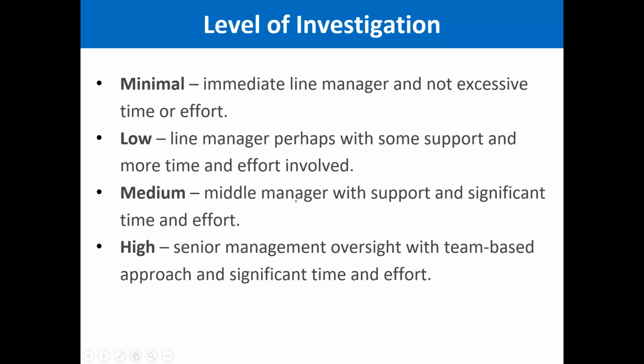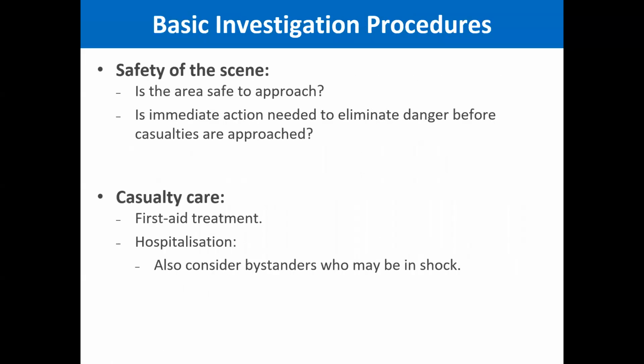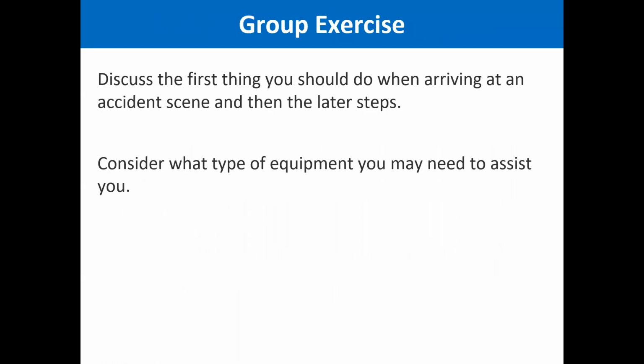It's a middle manager level investigation, and significant time and effort will be required as well. Then if there is a fatality, if somebody dies or there was a possibility that somebody could have been seriously injured or died, then you need senior management oversight and a team-based approach to carry out the investigation.